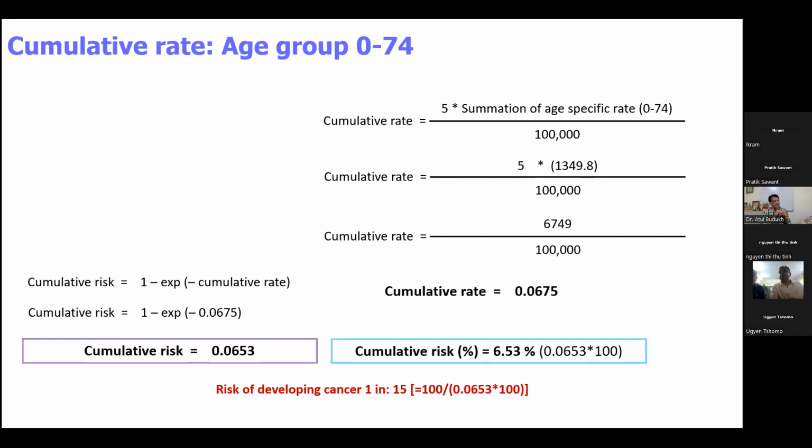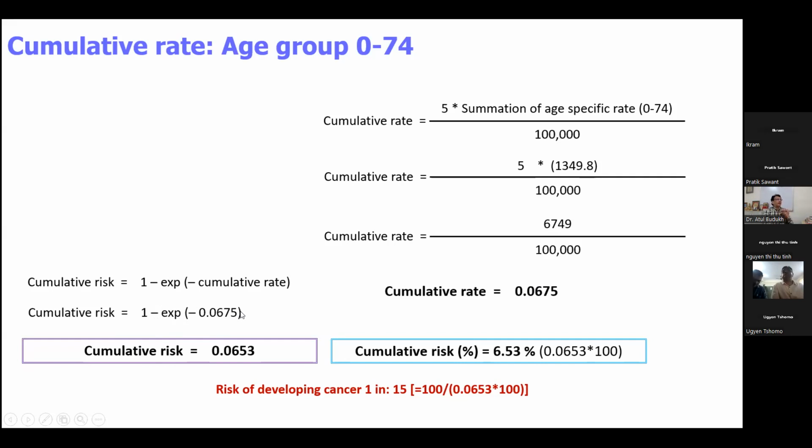Sir, we have a clear concept about cumulative rate, but we do not have a clear concept relating to cumulative risk and cumulative risk percentage. Cumulative rate is clear, 0.065. This is clear. Yes, sir. So we apply this formula to get the cumulative risk: 1 minus exponential of minus the cumulative rate, 0.065.